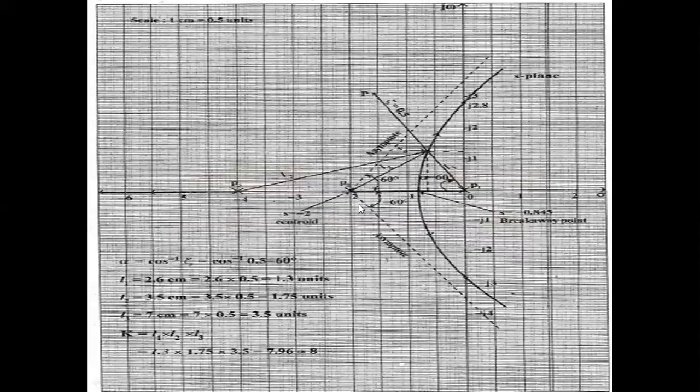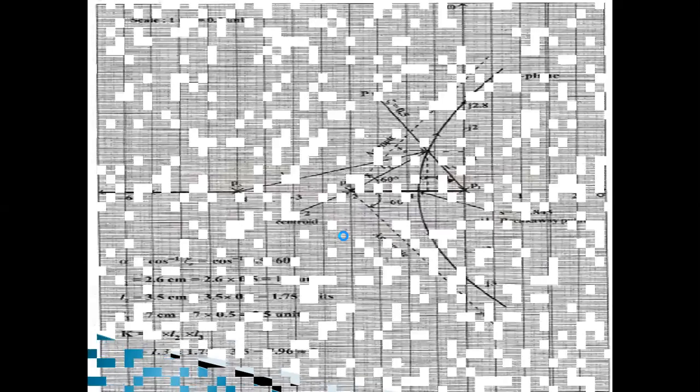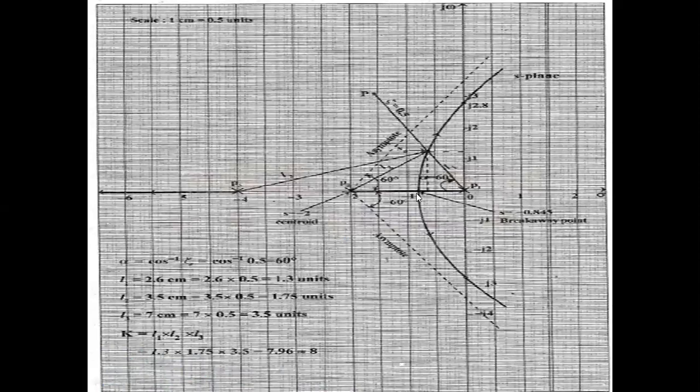Okay. So the next step is designing. So this is the design part: to find k corresponding to zeta equal to 0.5. If we observe the root locus, at the breakaway point, if we calculate the zeta value, it is equal to 1.